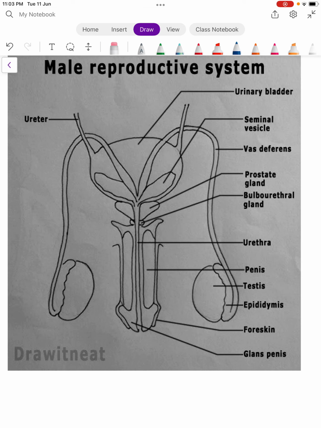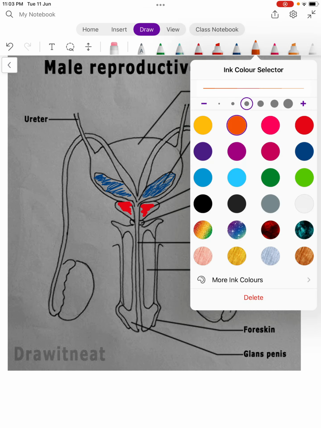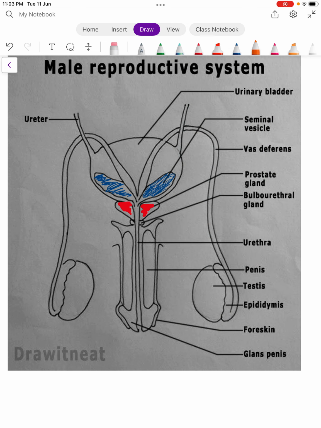So okay, first of all we will discuss the seminal vesicles. These here are the seminal vesicles. And what I am showing in red color is the prostate. Okay, let's go.